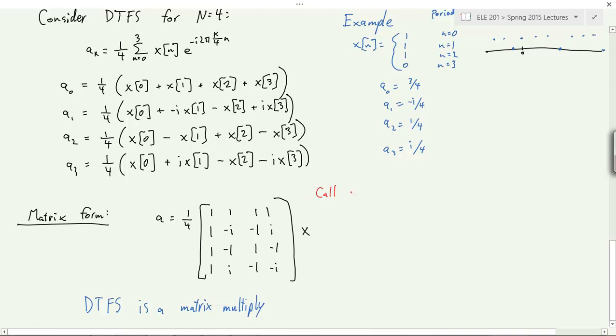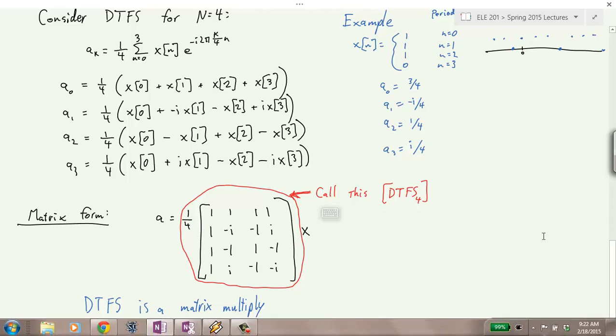We'll call this DTFS, with a little subscript 4 to mean this was of length 4. We'll give that the name of this matrix, including this 1/4 out in front. All right, so just so we don't have to rewrite it every time, that's the name of this matrix.